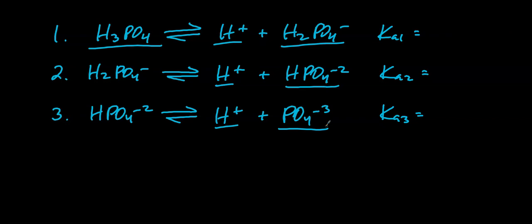We get 2.4 times 10 to the negative second times Y over 2.4 times 10 to the negative second. Those cancel. Y is 6.2 times 10 to the negative 8th, which is our concentration of HPO4 2 minus as a result of that second ionization. I guess that's also how much more H plus is produced. But look at that compared to how much H plus was produced in the first ionization. It's much smaller.